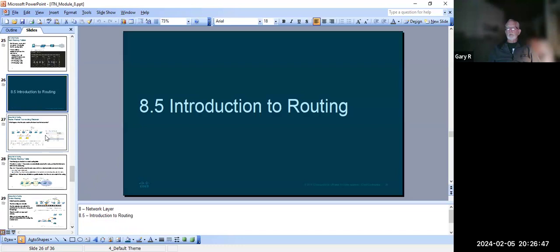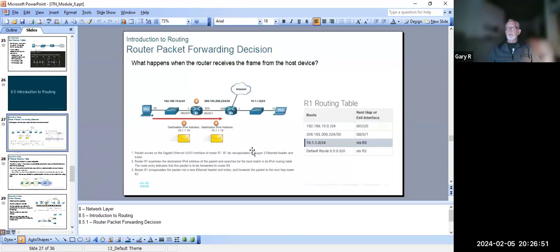Okay, so let's just look at routing here briefly, and then we can wrap up. What a router is going to do is forward based upon the destination IP address. And where it's going to find that destination IP address is in its routing table. It learns about a route one way or another.